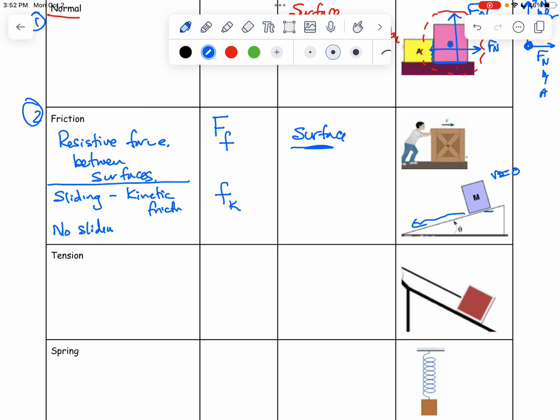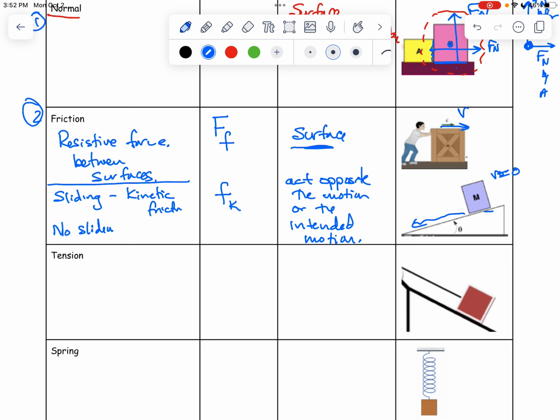The direction of this force is going to act opposite the motion or the intended motion. I'll explain that as well. For this case, we have a box that's moving to the right with a velocity v.